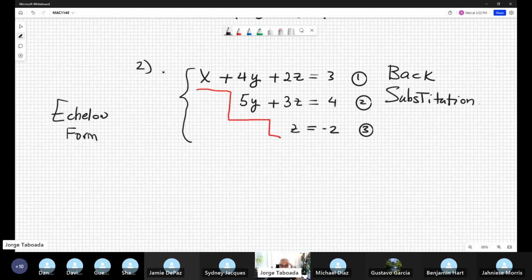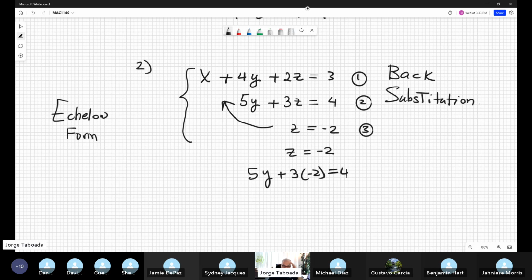Because I go to the last equation, and I know that c is negative. Cool. Now replace in the second equation back. You go backward. So 5y plus 3 times -2 should be 4.